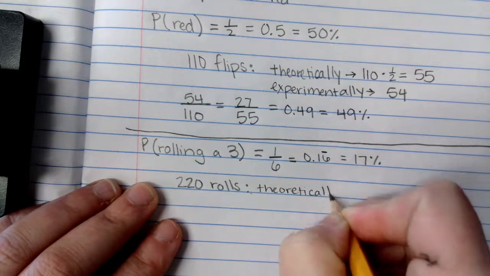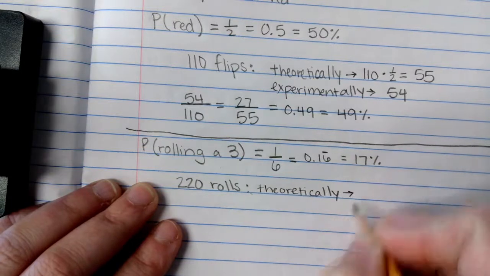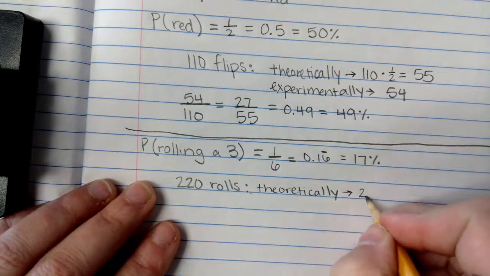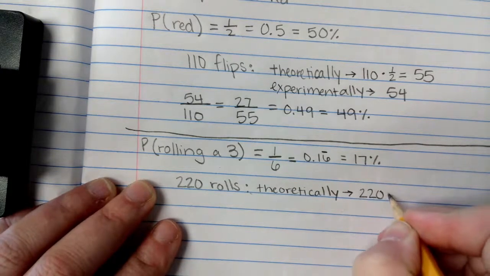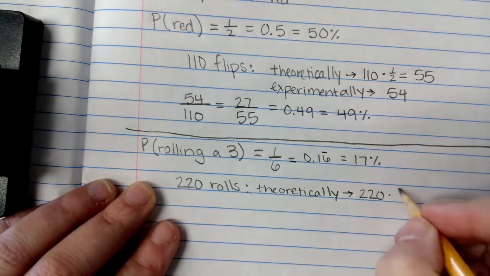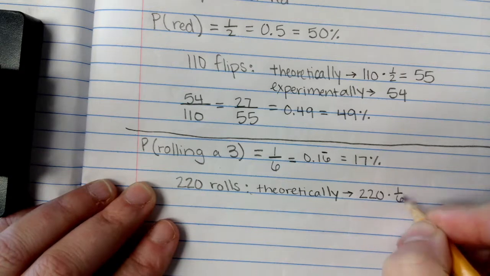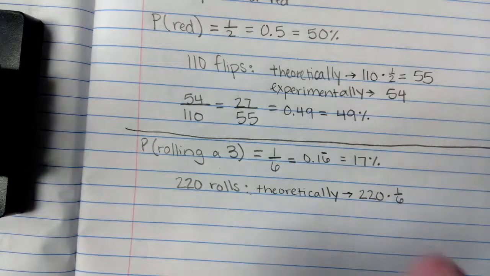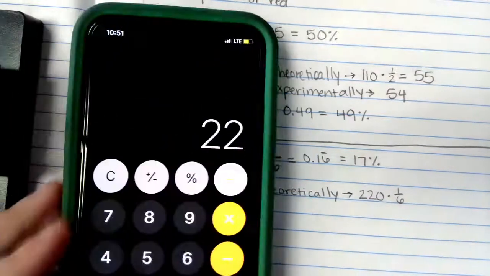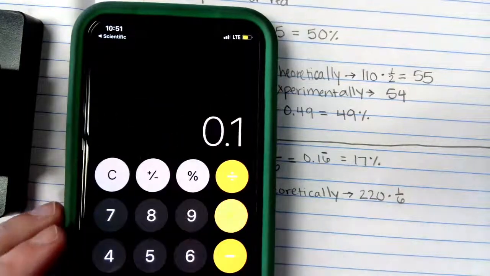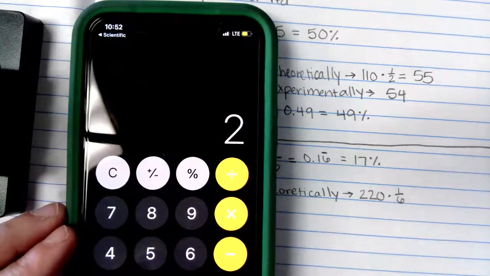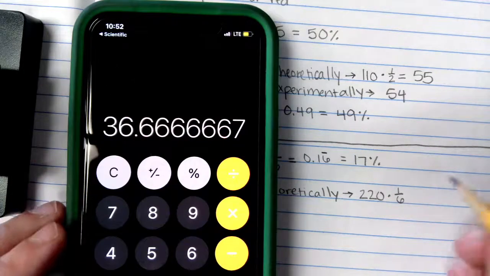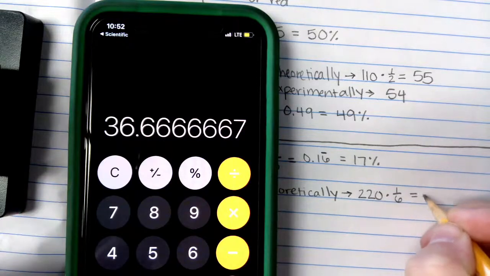I like to use fractions because they're exact versus the 17% is a little rounded, so it might not give us as close a chance as we want. So 220 times 1 divided by 6, we get 36.6 repeating. So as a class, if we all roll our dice 10 times each, we should get about 36.6 repeating.